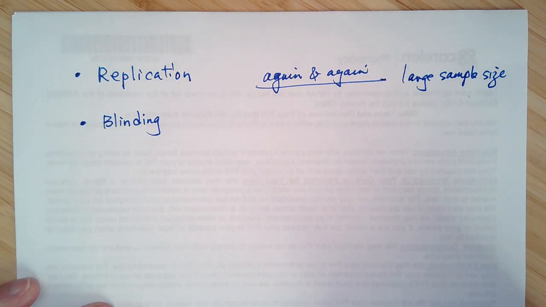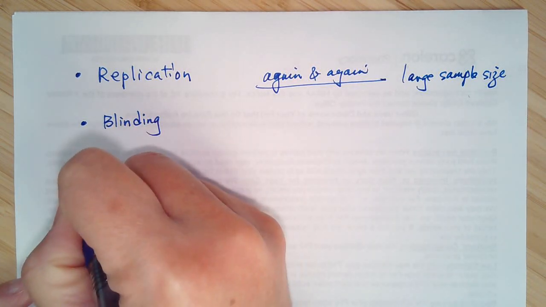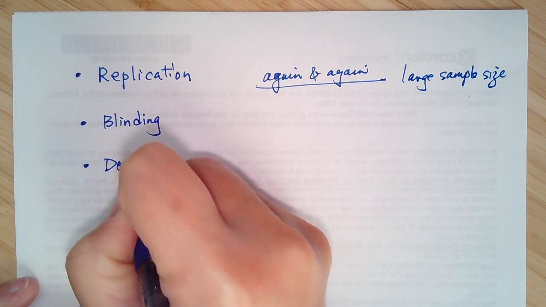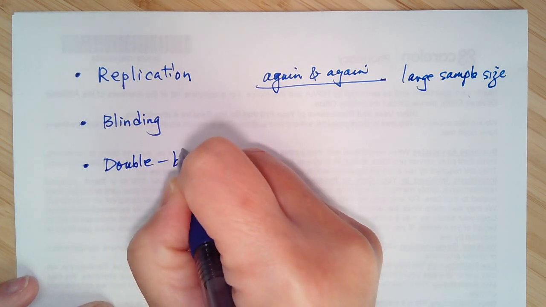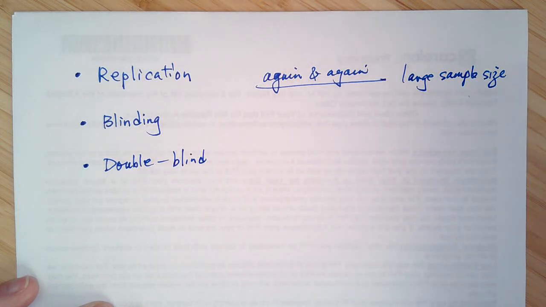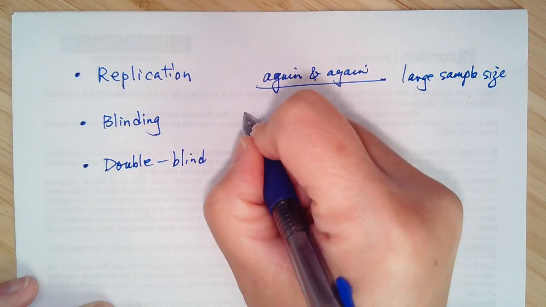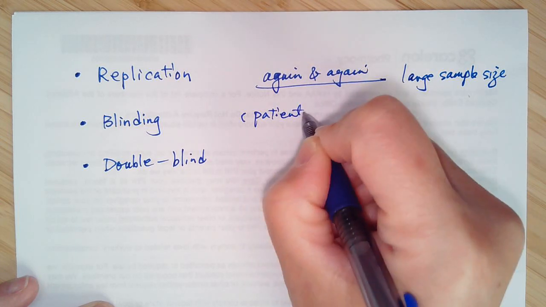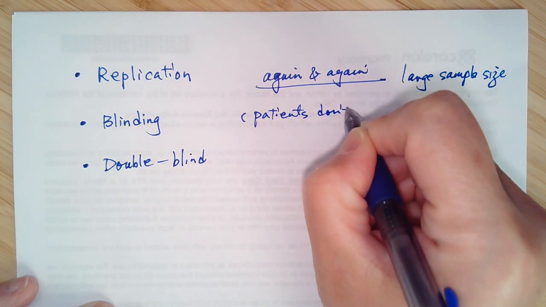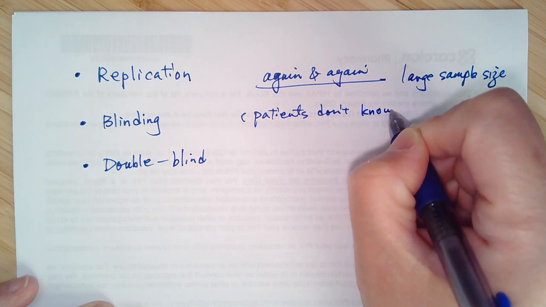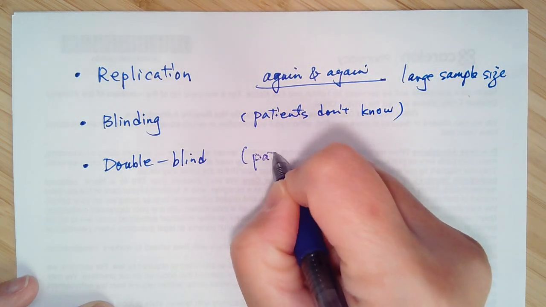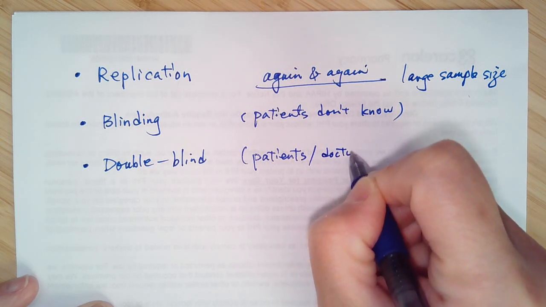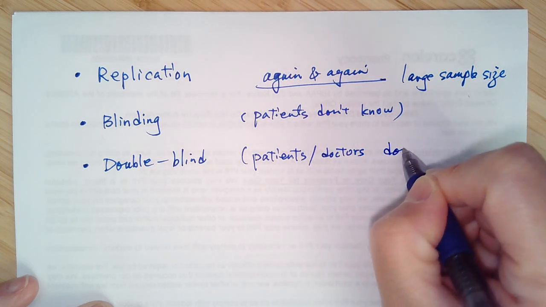It's a blinding experiment. And there's another one called double blinding, or double blind. Blinding means, for example, patients don't know, right? This one is patients, and doctors don't know.